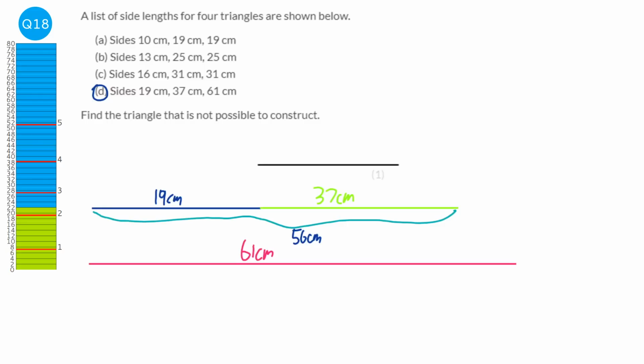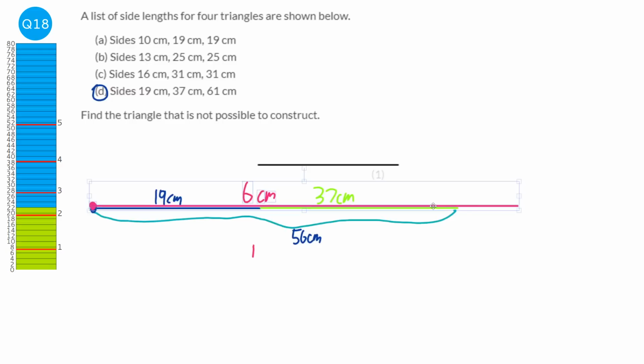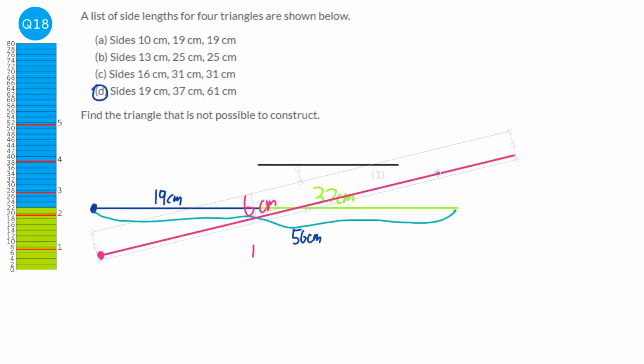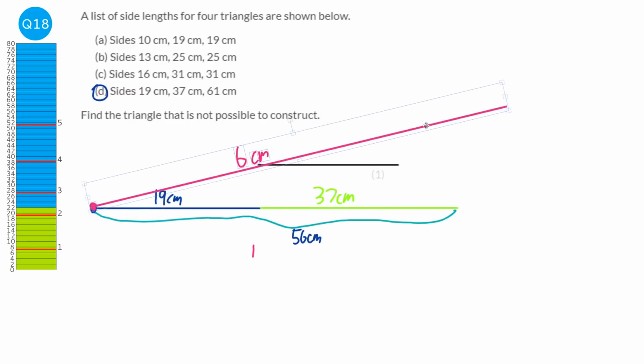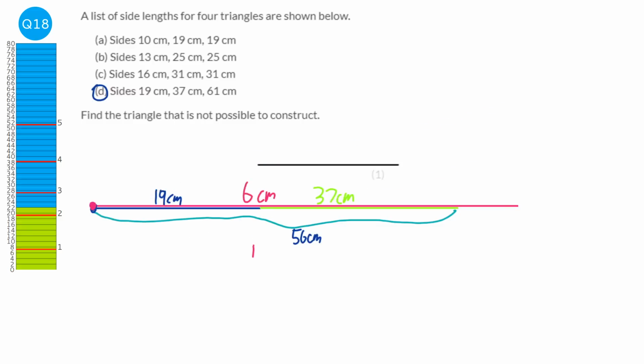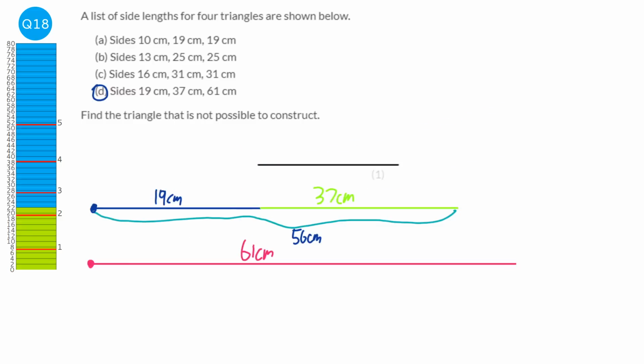So we could move this whole stick onto this side here, but we can't actually make a triangle with it, because the two lengths that we've got won't ever reach the end bit here. They just won't ever reach that bit to be able to create the triangle. And I'm just going to put that back. So our answer is option D.